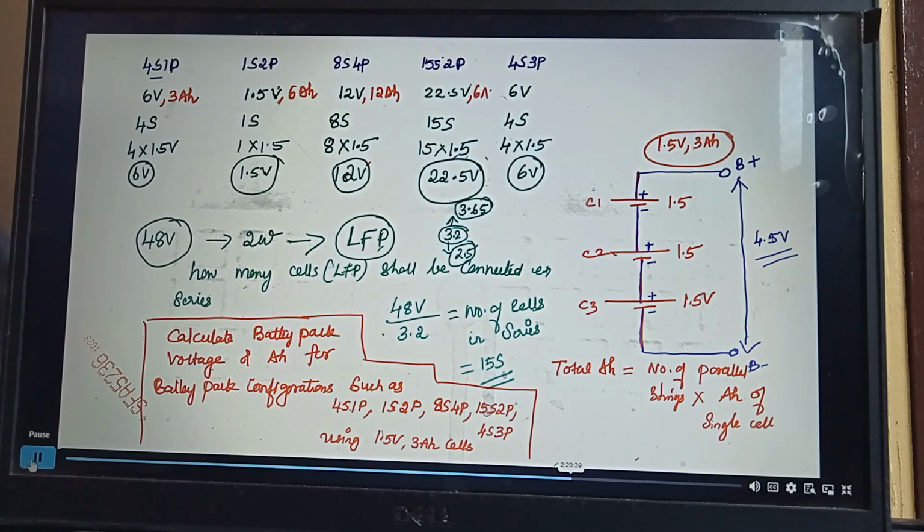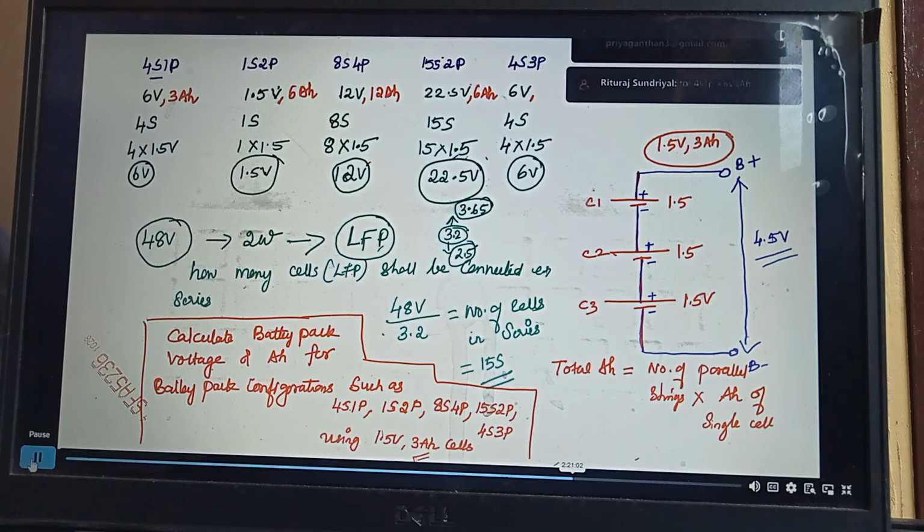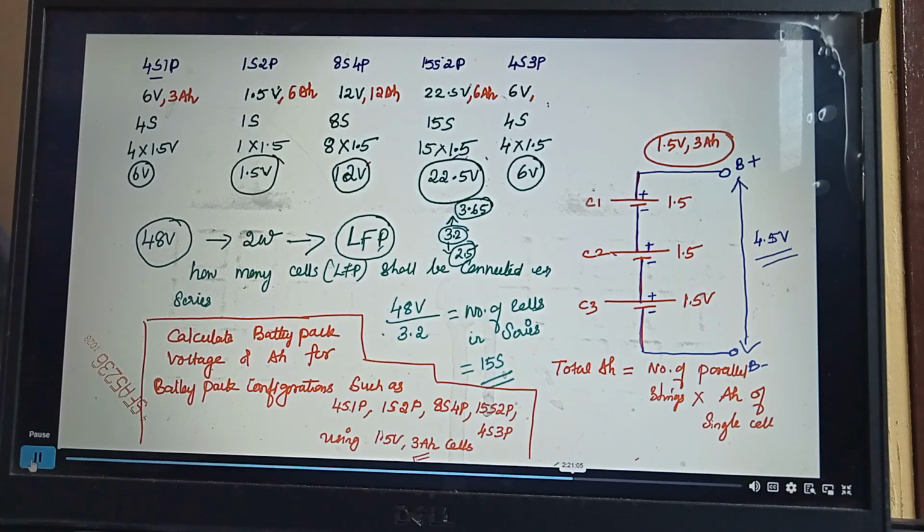Because we are using a 3 Ah cell. The question is using 1.5 volt 3 Ah cell. So it is 2 into P, so 2P, 2 into 3 is 6. For 4s3p, 9 Ah, very good.